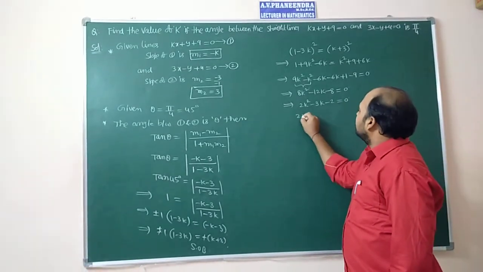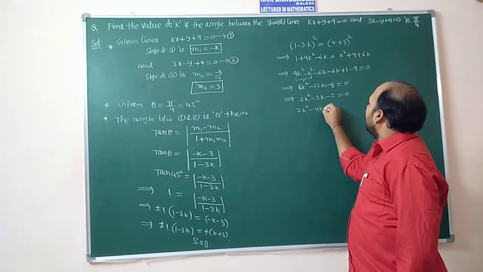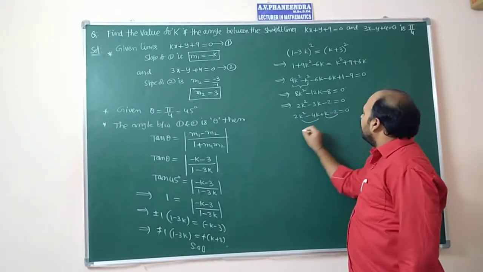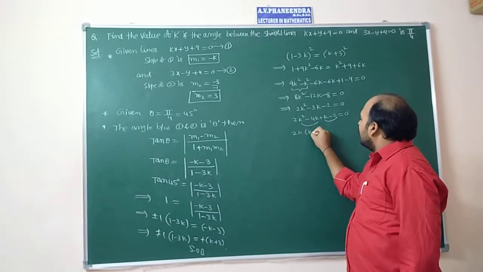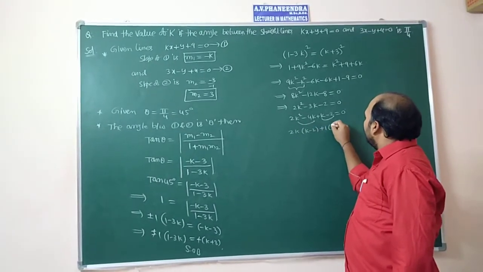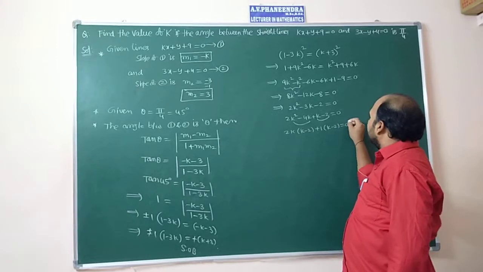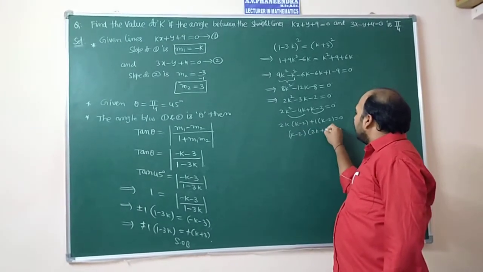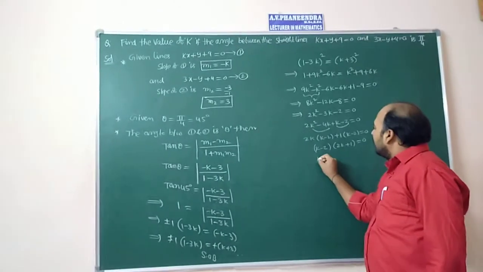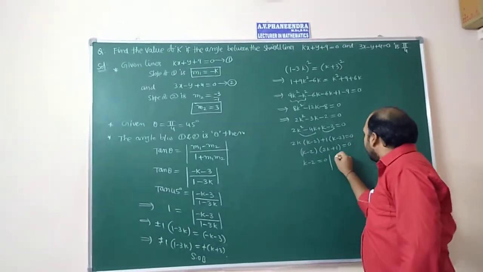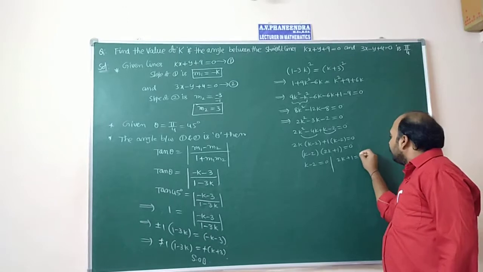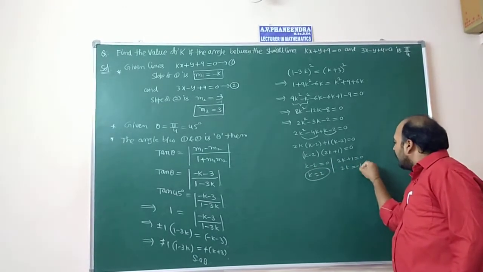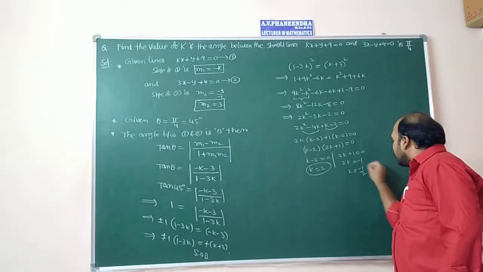So by using factorization, 2k square minus 4k plus k minus 2 equal to 0. From these two, take common 2k into k minus 2, plus 1 if you take common from these two, k minus 2. So k minus 2 into 2k plus 1 equal to 0. K minus 2 equal to 0 and 2k plus 1 equal to 0. So k equal to 2, and 2k equal to minus 1, so k equal to minus 1 by 2.